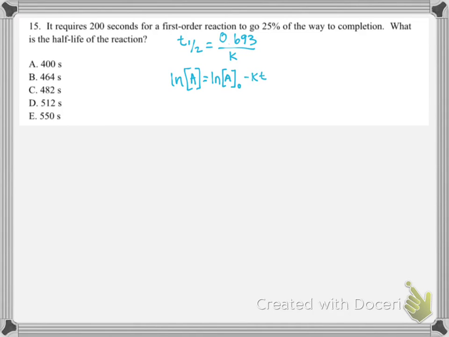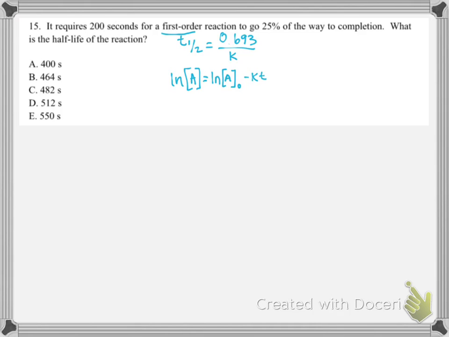For number 15, it says that it takes 200 seconds for a first order reaction to go 25% of the way to completion. And then they're asking us to figure out what the half-life of the reaction is. It's important to note that we're talking about a first order reaction because we'll use different equations for a first order and a second order reaction.